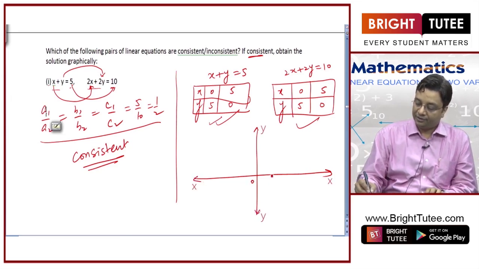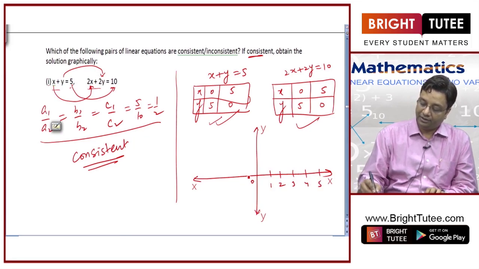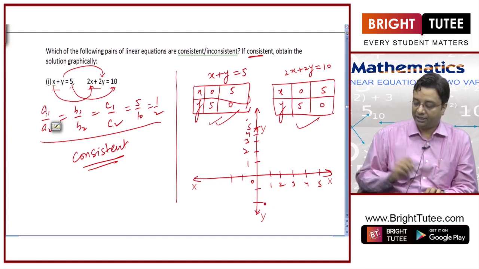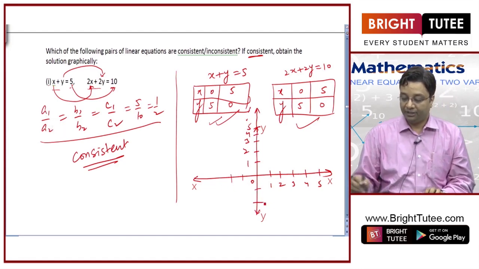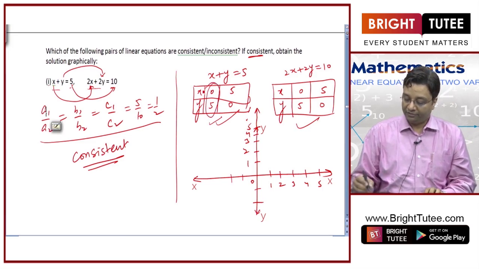right. So 1 2 3 4 5, 1 2 3 4 5, and this is the negative side, so I don't require it. Okay. So one point is 0 5, which is this one.